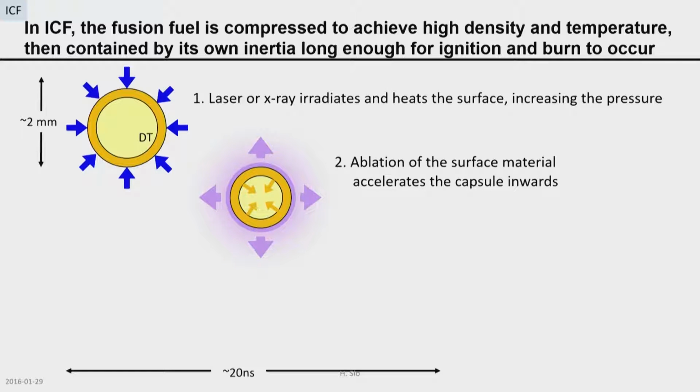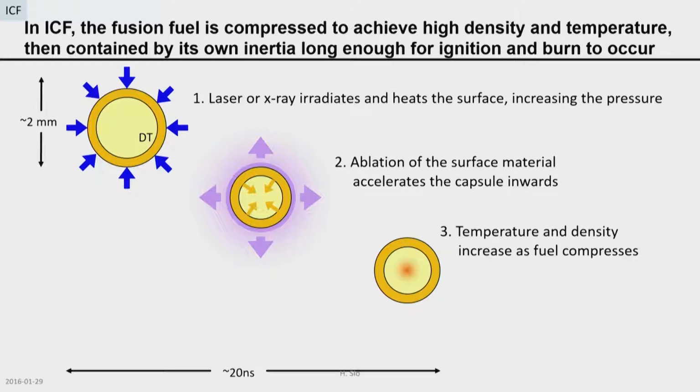That ablation of material on the outside pushes the rest of the material inwards, very much like a spherical rocket. This compression increases the density and the temperature of the fuel, which is what we want. You're converting kinetic energy into potential energy.